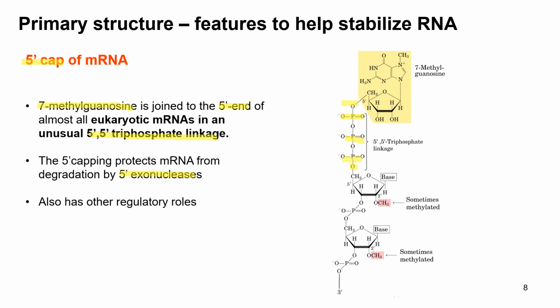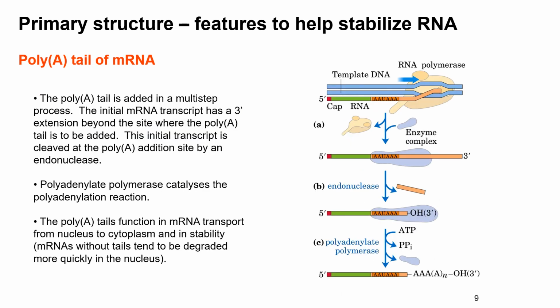In addition, the 2' OH groups of the first and second transcribed nucleotides are sometimes methylated, and this has effects on the processing, translation, and stability of the mRNA. Another feature is the poly-A tail that is added to the 3' end of mRNA, and this occurs in a multi-step process.